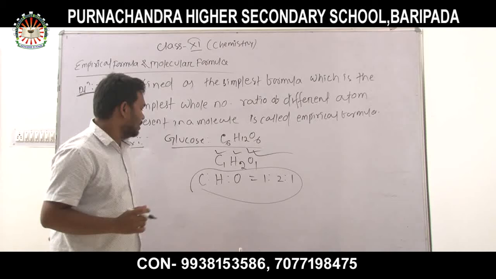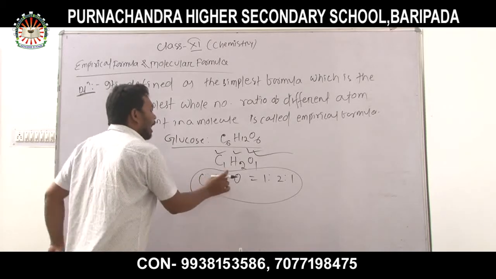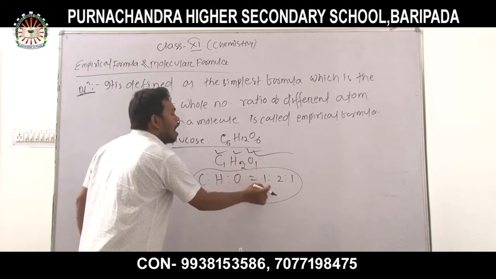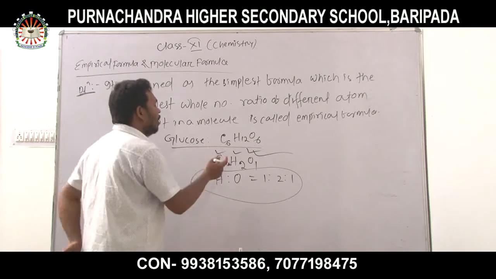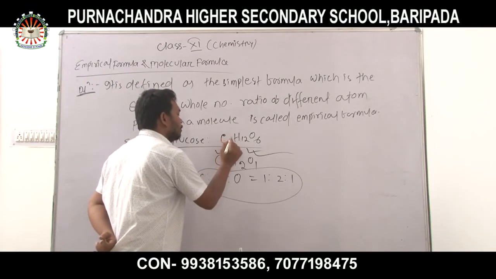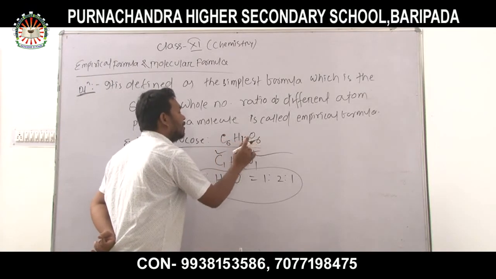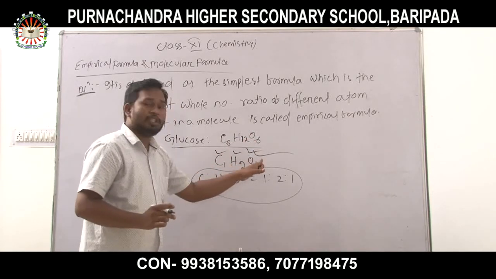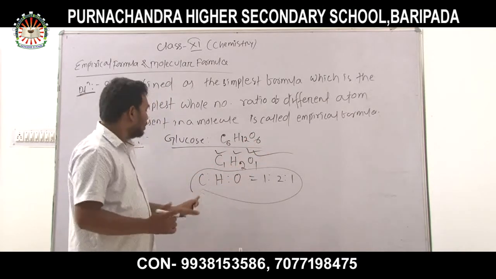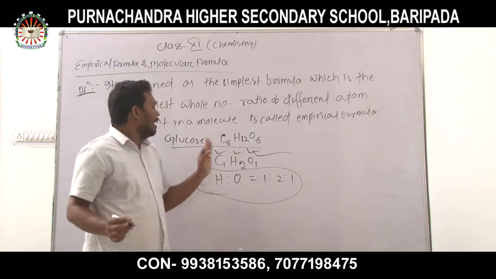And its simplest ratio is carbon to hydrogen to oxygen equal to 1:2:1. That is, one number by which all the atoms can be divided and a simple whole number ratio obtained. Thus, it is the empirical formula.